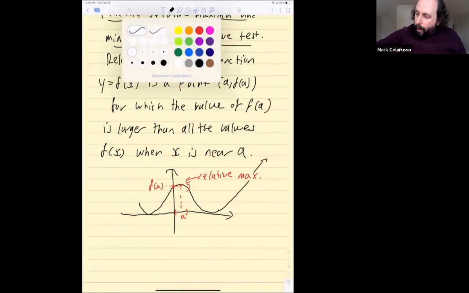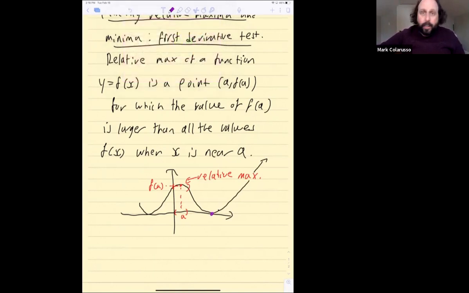Similarly, a relative min, I won't write it all out in words, would be like this point here. It looks like roughly it's at 0, some f at 0, and it's the smallest point near it, around it. There's a precise way of defining a neighborhood in mathematics, but you can think of it quite intuitively: in a neighborhood of that point, the value at 0 here is the smallest value.